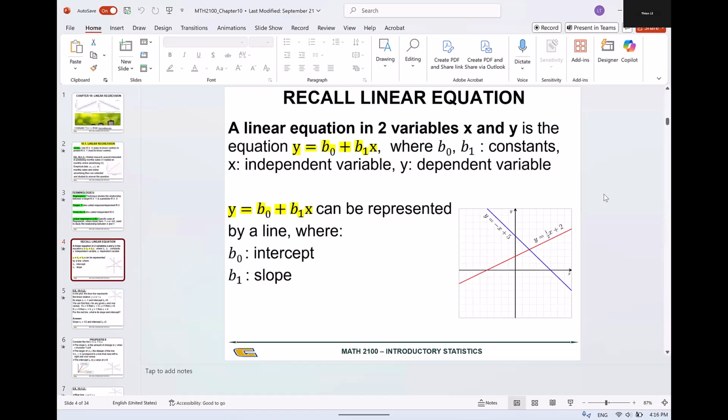Let us recall the linear equation. I believe in your 7th grade, you learned that. We have a linear equation between two variables, x and y: y equals b naught plus b1 x, where b naught and b1 are constants, x is the independent variable, and y is the dependent variable.